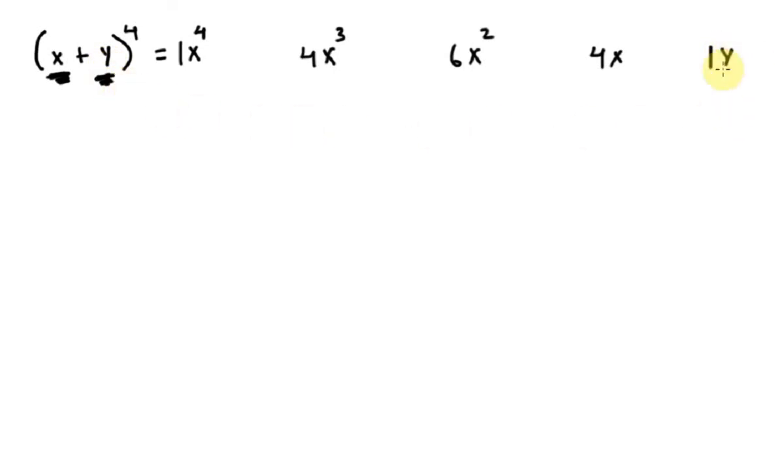So I'd have y to the 4 at the end, then a y cubed, then a y squared, then a y to the 1, and then it disappears. Well, the only other thing to consider is that this is positive stuff, so there's not going to be any sign changes in here. So you know what? We just did it. We did the expansion using what they call the binomial theorem. This kind of analysis is what is called the binomial theorem.